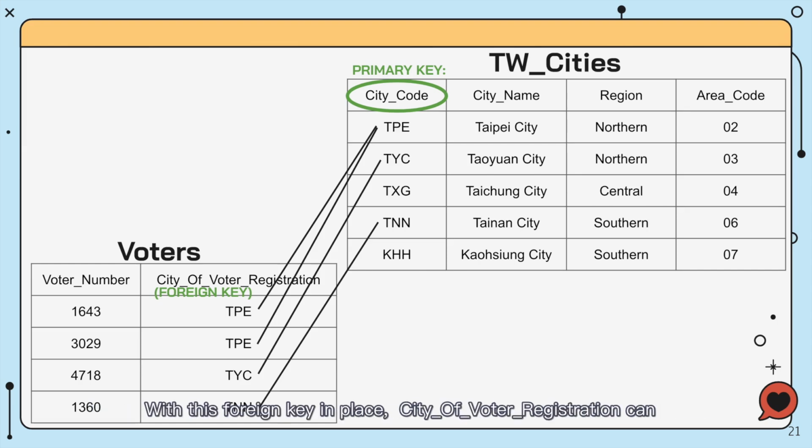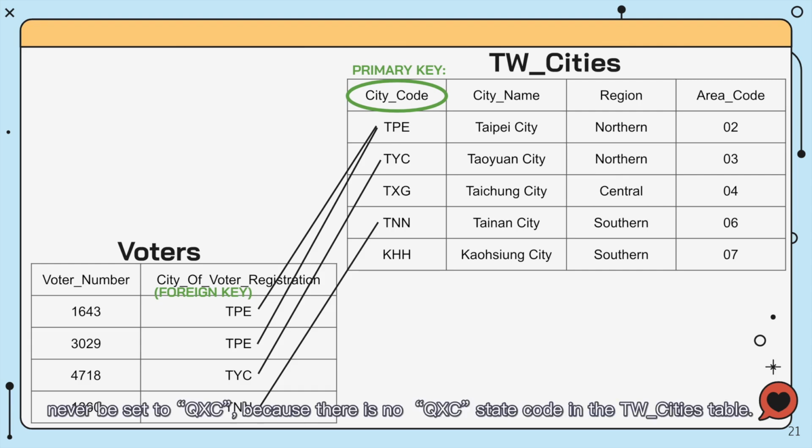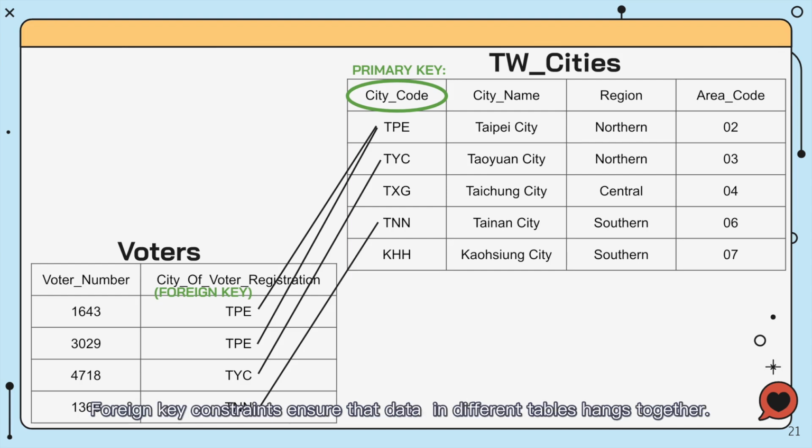With this foreign key in place, city of voter registration can never be set to QXC because there is no QXC city code in the Taiwan city table. Foreign key constraints ensure that data in different tables hangs together.